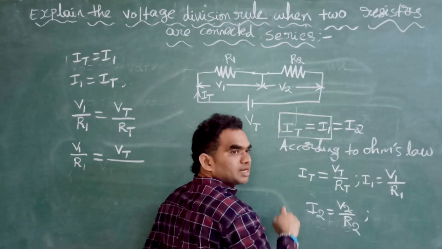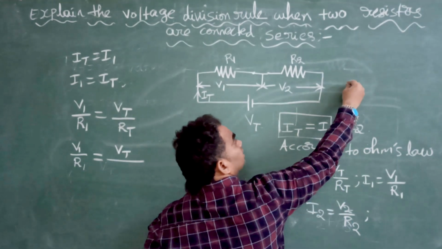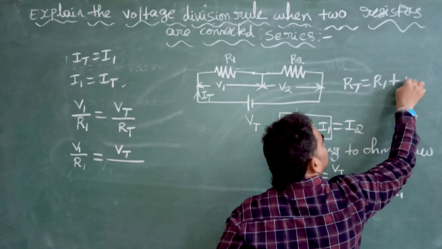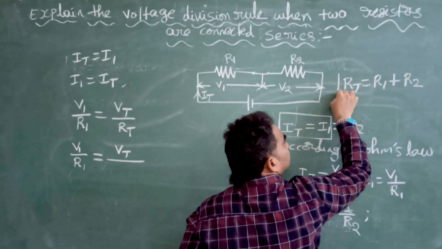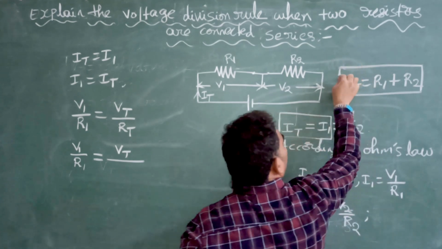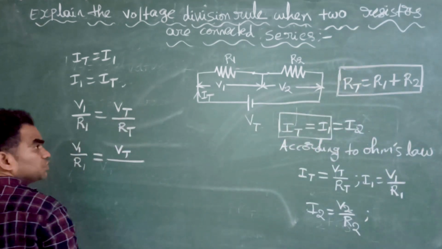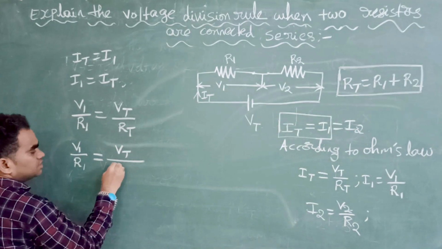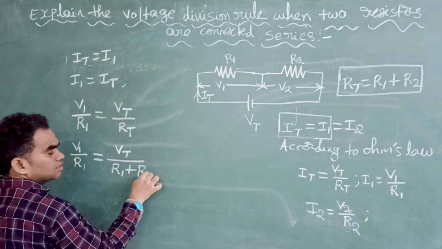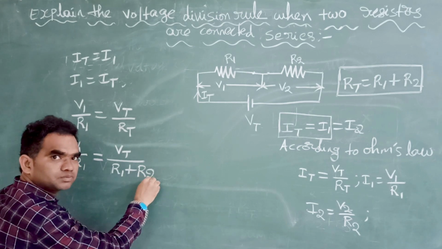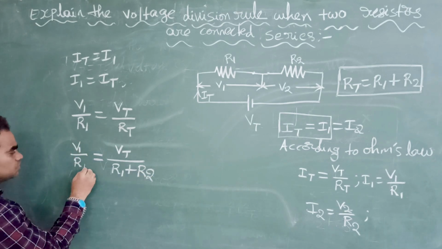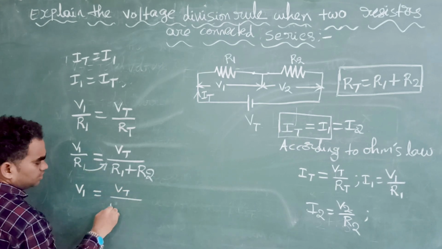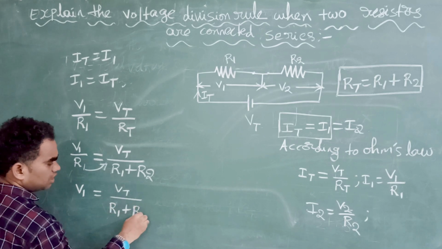Two resistors are connected in series, so Rt is equal to R1 plus R2. Substitute this Rt value in this equation: Vt by R1 plus R2.